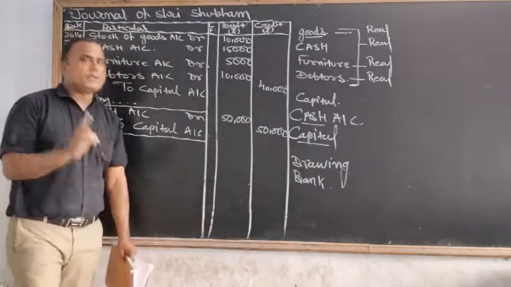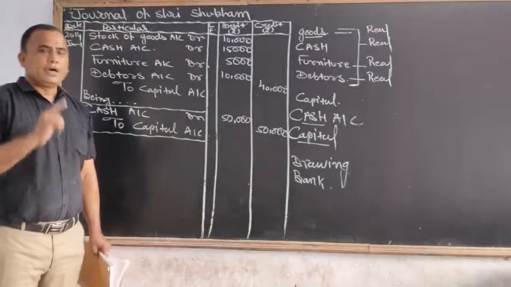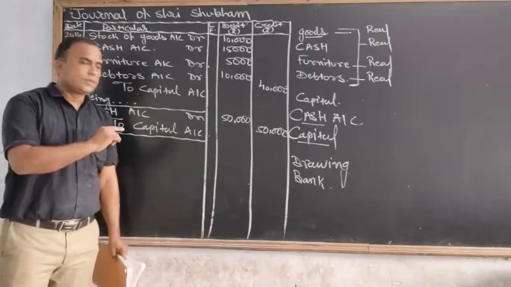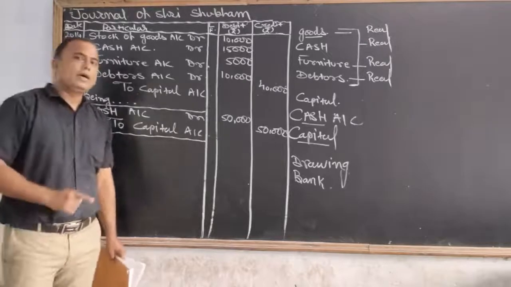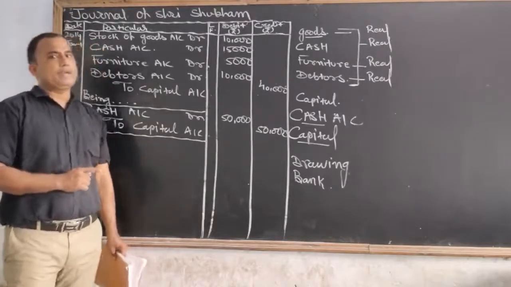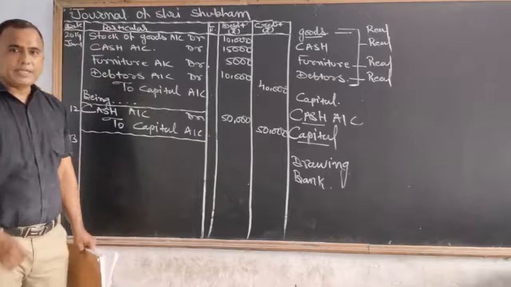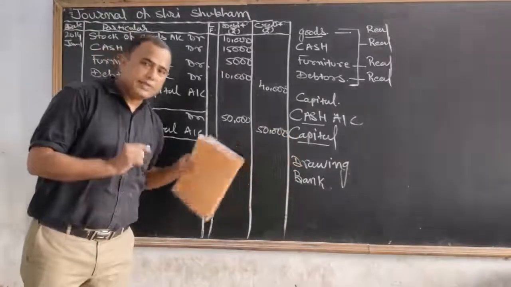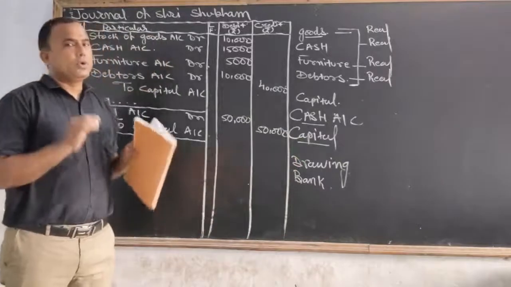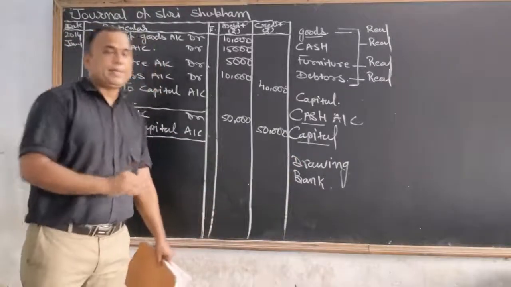Now drawing is a personal expense, affecting the personal account. Bank is a registered firm, a personal account. Apply the rule of debit and credit for the personal account: debit the receiver and credit the giver. So the owner receives the amount, so drawing account should be debited.